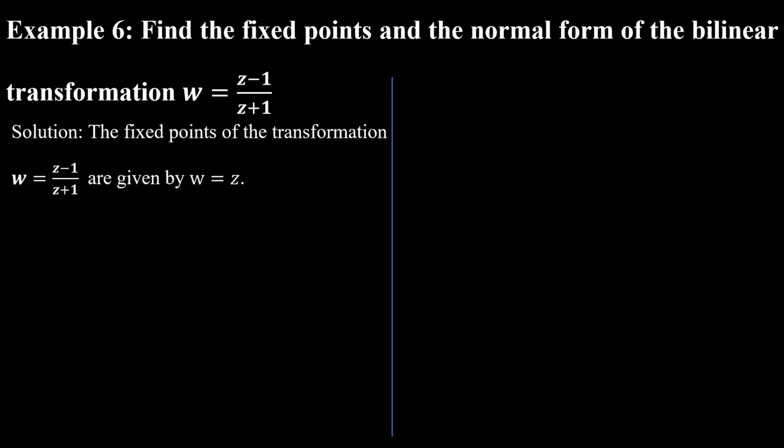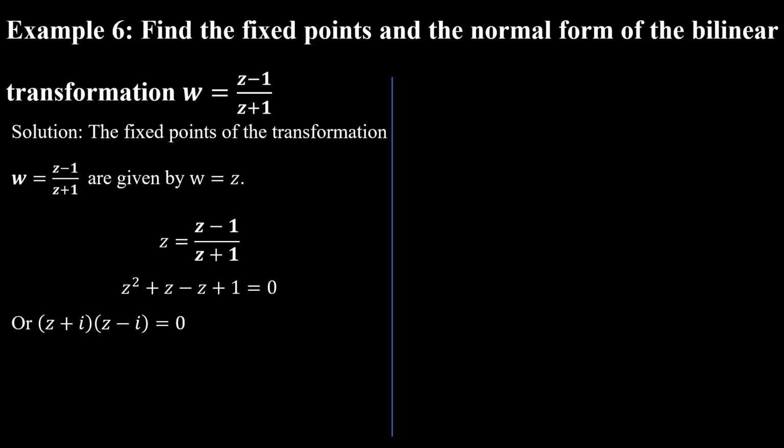We put w equal to z, and by solving this, it will be z squared plus z minus z plus 1 equals 0, and finally z squared plus 1 equals 0. So z squared plus 1, we can write as (z plus i)(z minus i) equals 0. So z equals i and minus i, that we get as the fixed points.